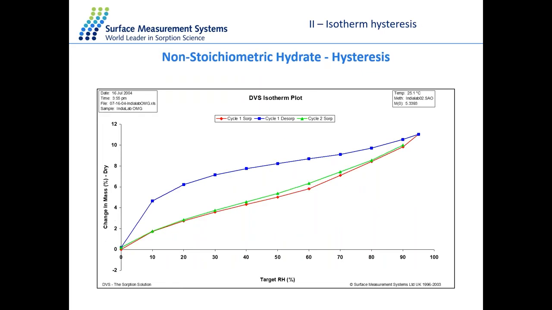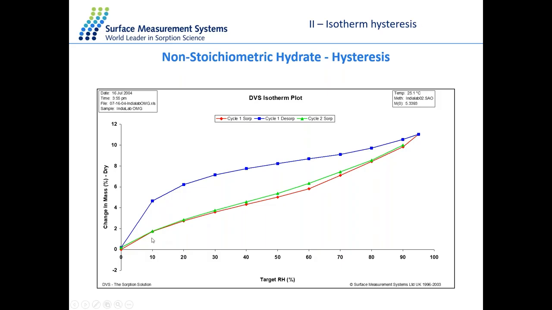So another example of hydrate formation is this example. In this case, we have a material that has a non-stoichiometric reversible hydrate. And what I mean by that is, as you can see here, I don't have any specific critical value of relative humidity that allows me to identify a step change between the anhydrous form and the hydrate.